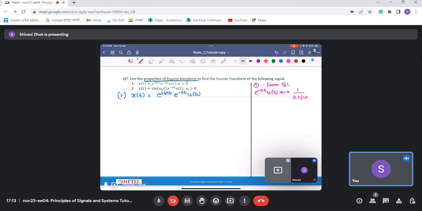And the second thing is that e power j omega naught t x of t has a Fourier transform of x of omega minus omega naught, and this is basically the frequency shift property.